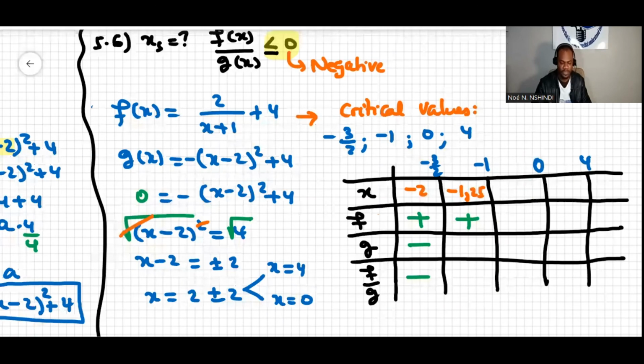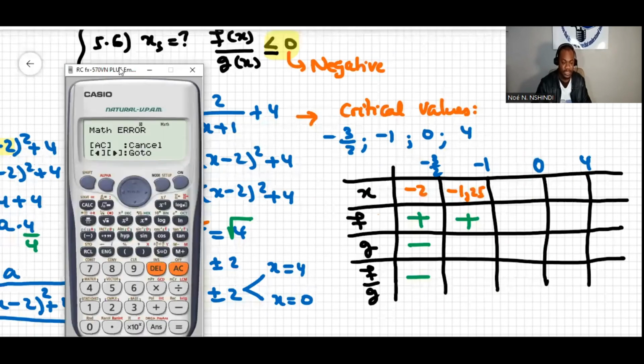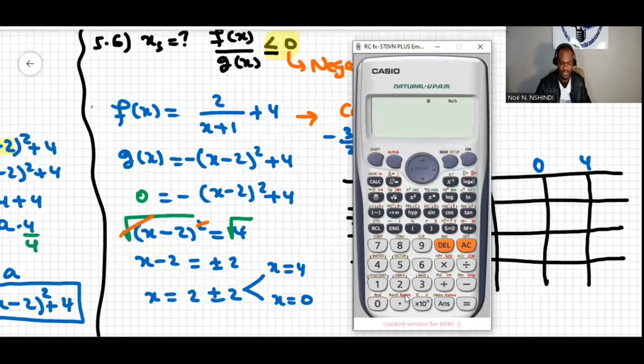I think we need to be careful here. Let's correct this, let's double check. If you're unsure, let's just correct. It's going to be 2 over negative 1.25, plus 1, and then plus 4.